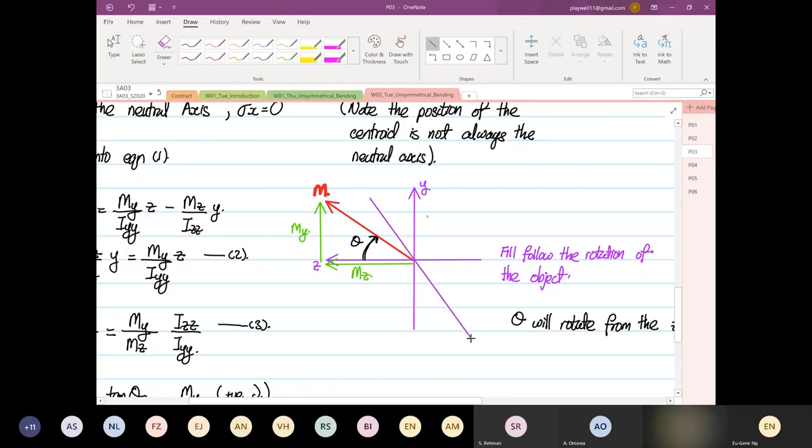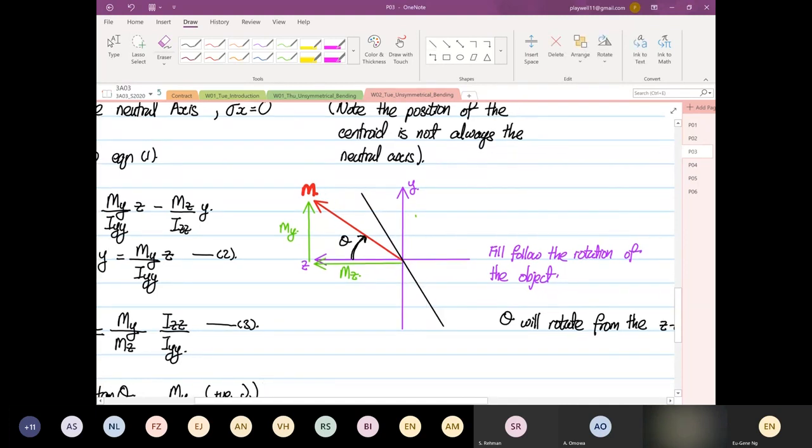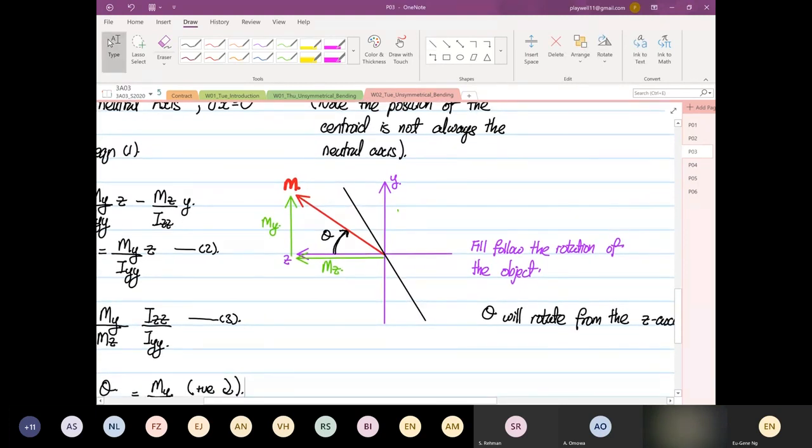I hope this is not pink. Sorry everyone, I'm partially colorblind. That's why I cannot do chemistry. So what I've just drawn is known as our neutral axis.